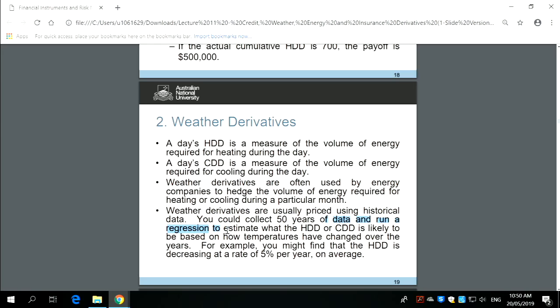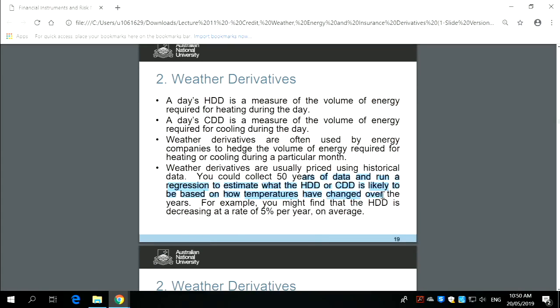Then you use your beta hat to predict the HDD for the next period, and use the predicted value to price the derivative contract. That's roughly how it works in real life, okay?